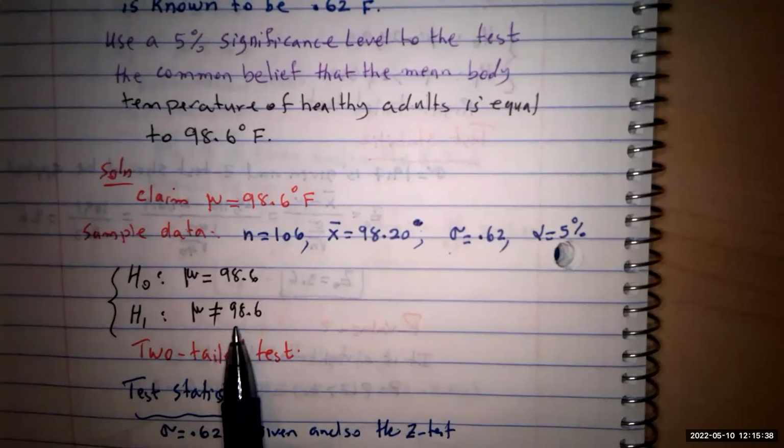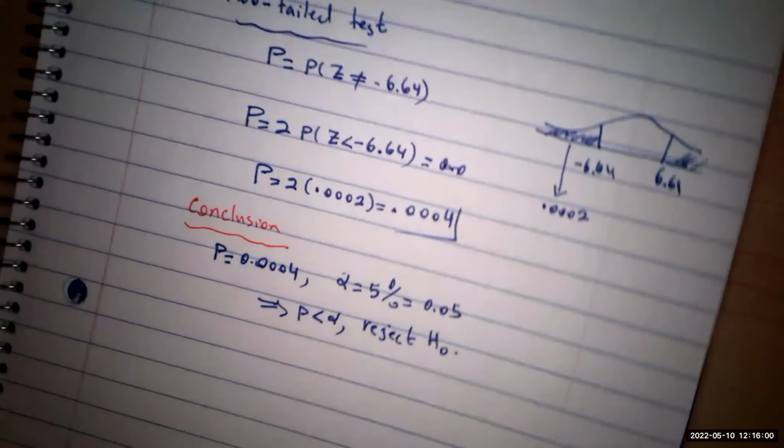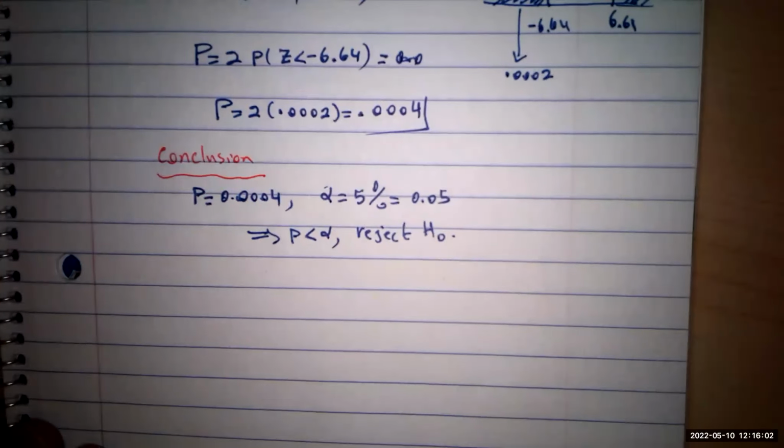So there is sufficient evidence that the mu is not equal to 98.6, and then you refute the claim in this case, because the claim was that this is equal to. You reject the H naught here. So you don't support the claim, or as usual, something favorable for the H1.